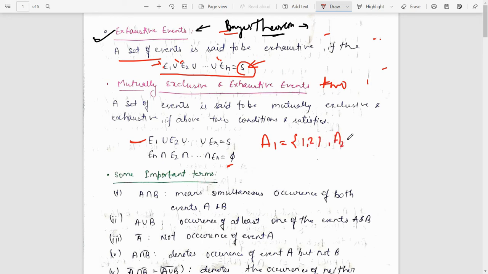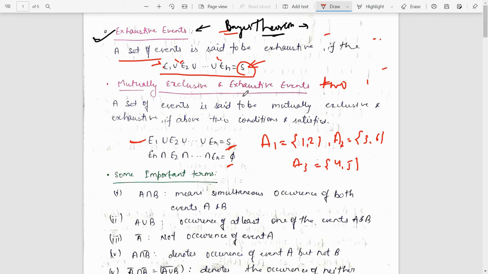A1 is 1, 2, A2 is 3, 6, and A3 is 4, 5. If you take the union of all those events, you will get the sample space S. But if you take the intersection, you will get a null set because none of the elements are common to the sets. So in this case, this is a mutually exclusive and exhaustive event.